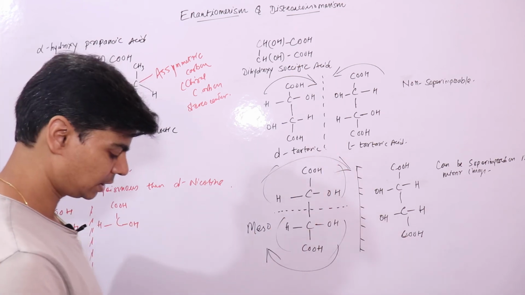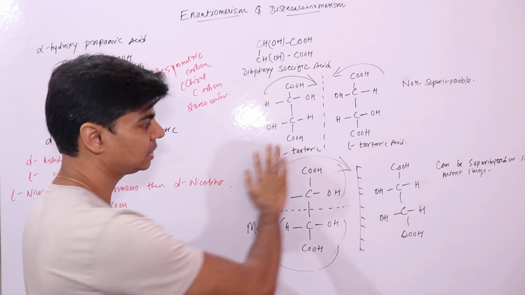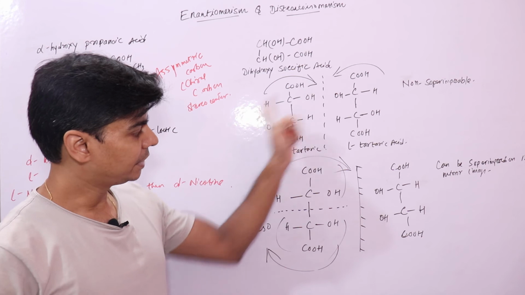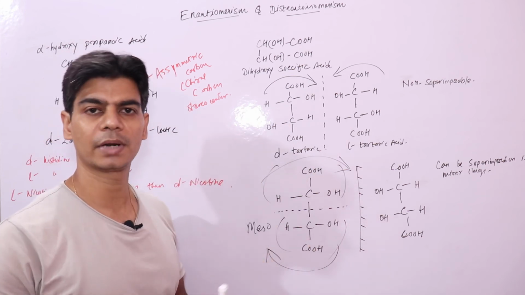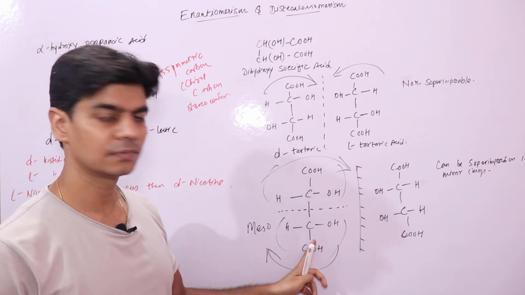Why are these optical isomers? Because their behavior towards plane polarized light is different. This will rotate towards the right, this towards the left, and this will not rotate.